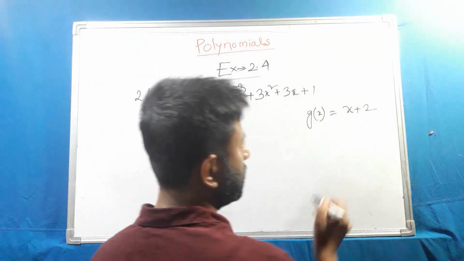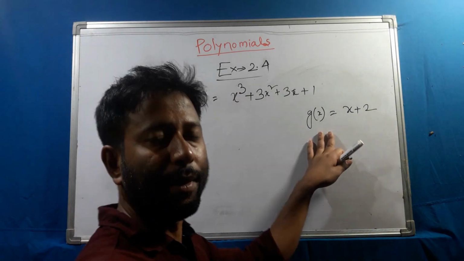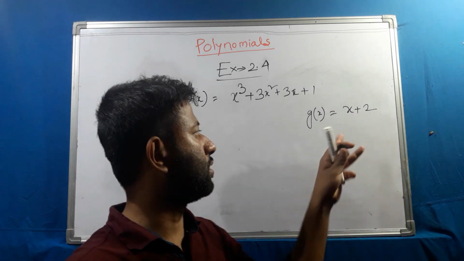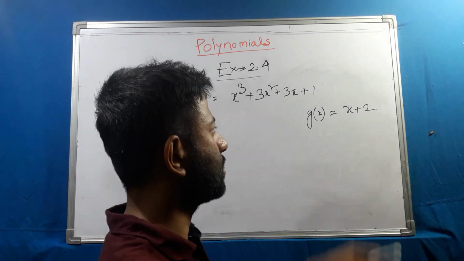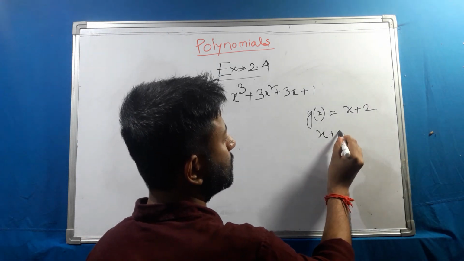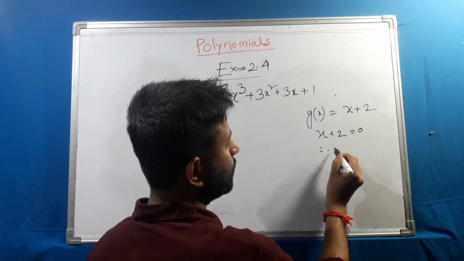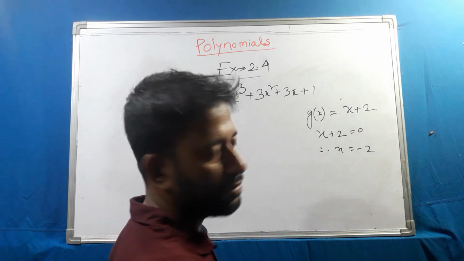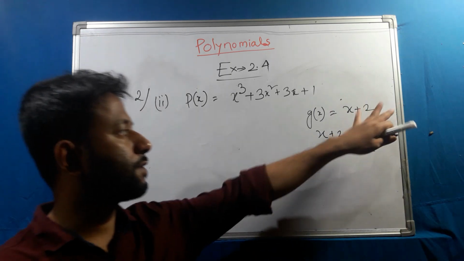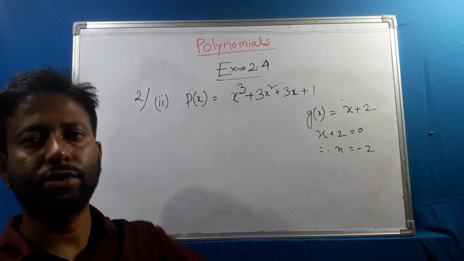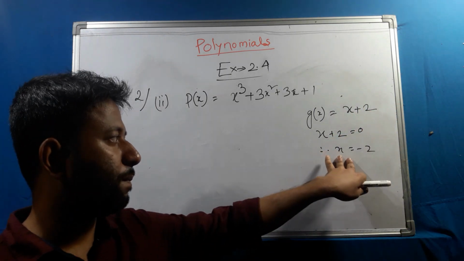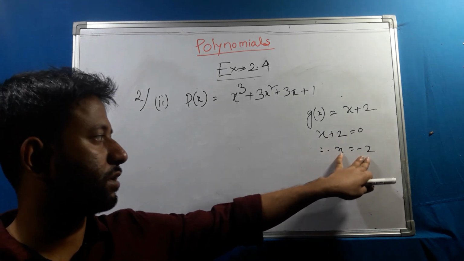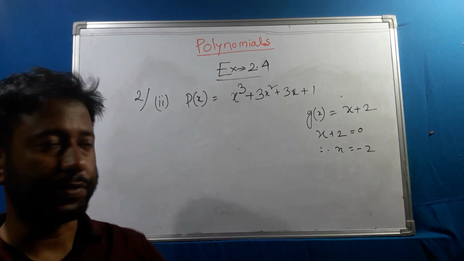If it is a factor, I'm assuming that gx is a factor. When gx is a factor, then x plus 2 should be equal to 0. So what should the value of x be? It should be minus 2. From 0 I can find the value of x, that is minus 2.